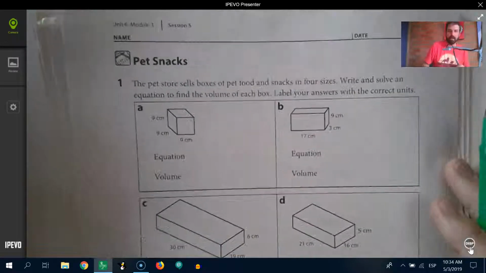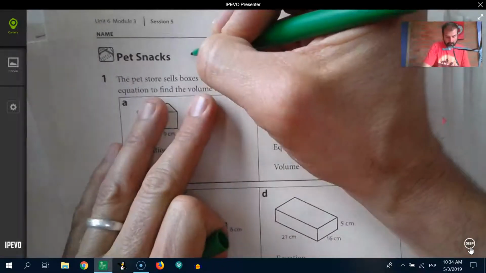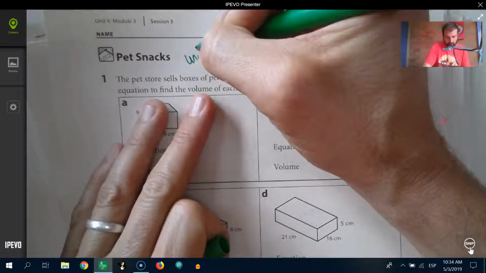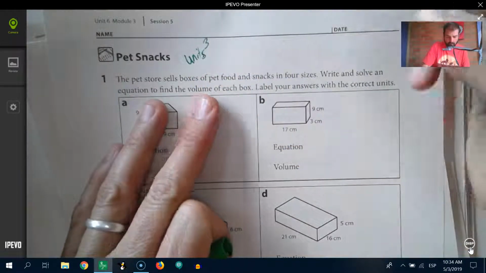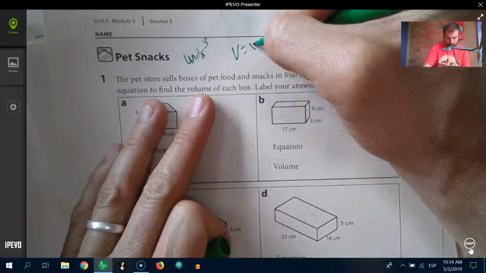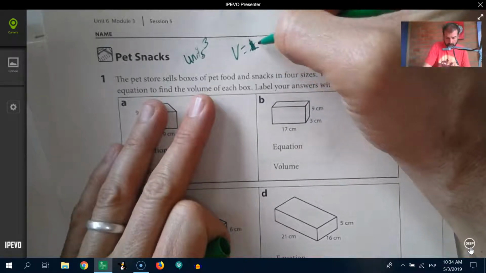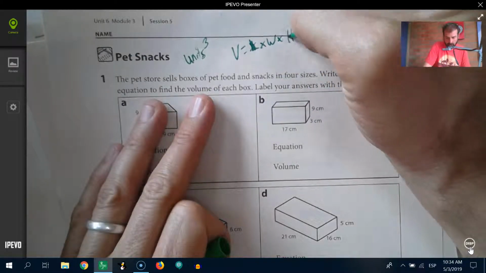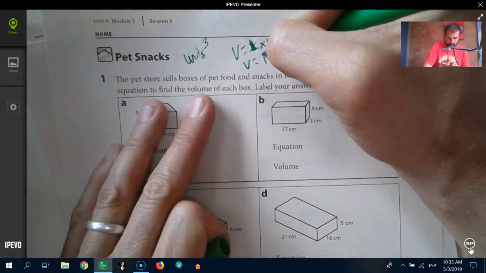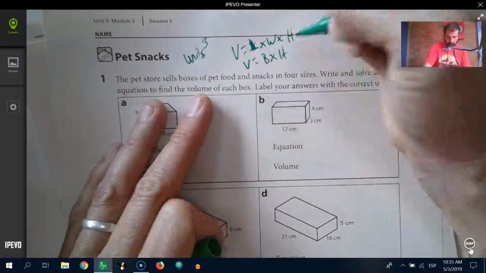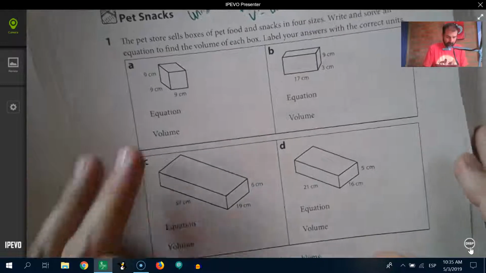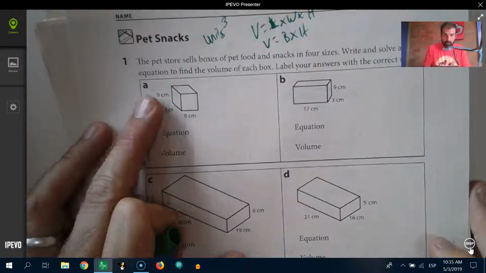So again, just like I did on the other one, I do remember that units cubed is going to be my answers, and volume is length times width times height, or base times height. Alright. So here I have my 3 measurements.